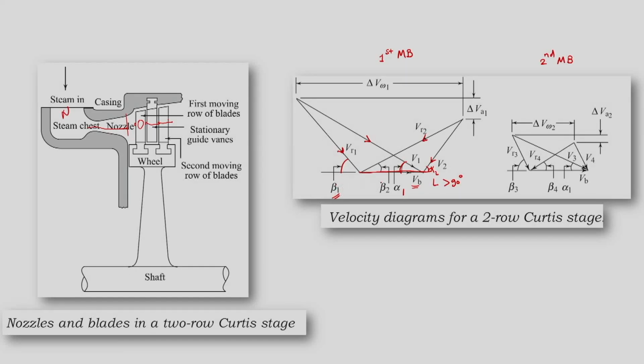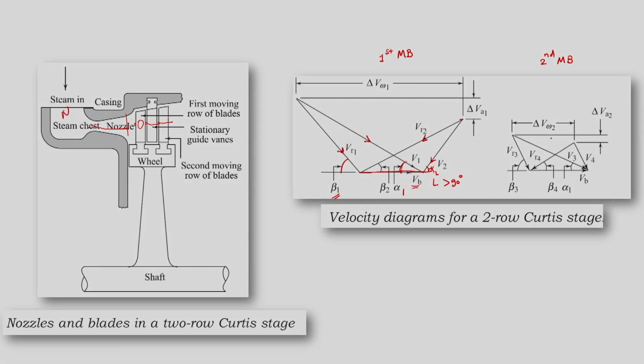Blades may be symmetric, where beta 1 and beta 2 can be accordingly adjusted, but at this stage we are saying that Vr1 is not equal to Vr2, so there is a mismatch in magnitude due to friction factor.